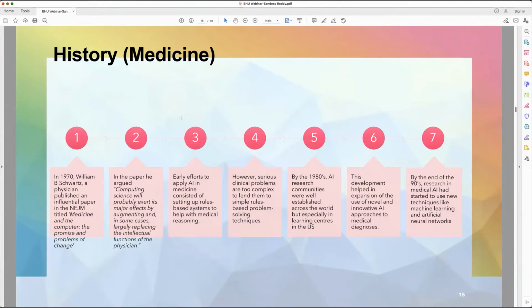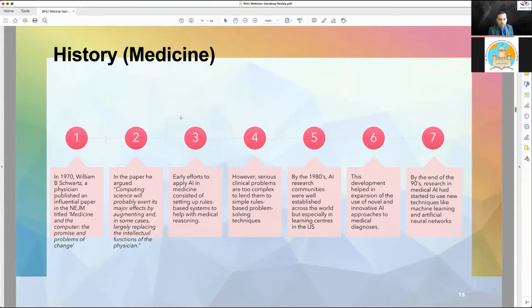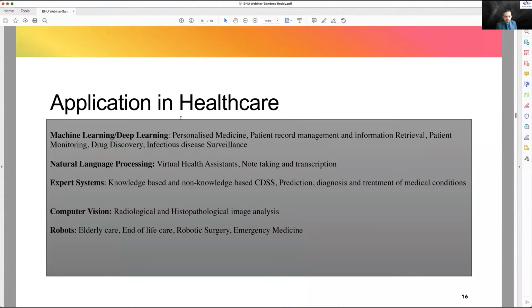For example, if you go back to 1970, William Schwartz, an influential physician at that point in time, published a paper where he talks about the use of computing technology or software algorithms to help with medical problems. And since then, there has been more and more attention paid to the role of AI and how different AI technologies can be used in different aspects of medicine. And that's what we will spend some time on today.